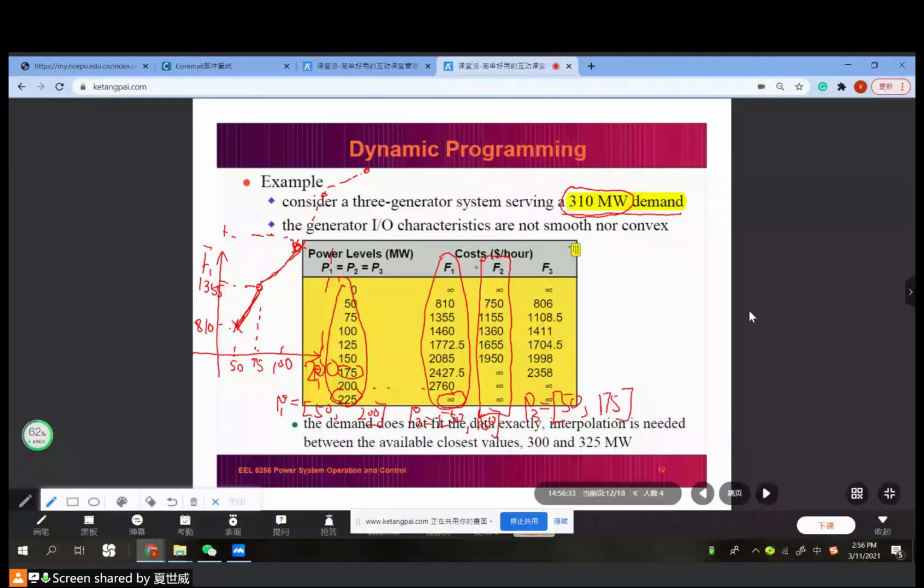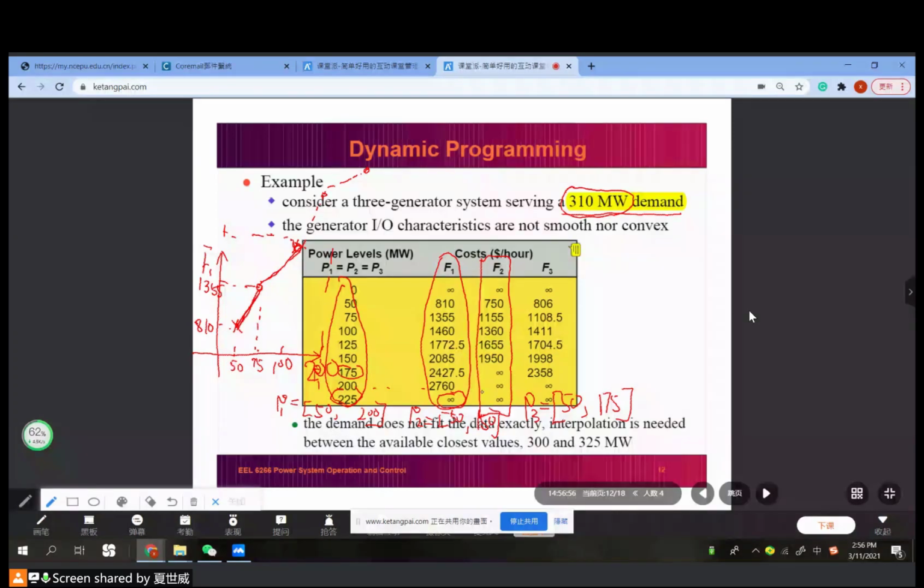So based on the table, we can get this information. We also found that the step size is 25: 50, 75, 125. So the step size is 25. However, we have a total load of 310.